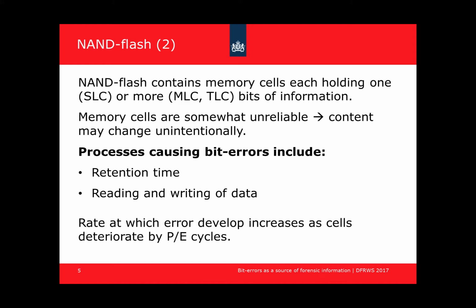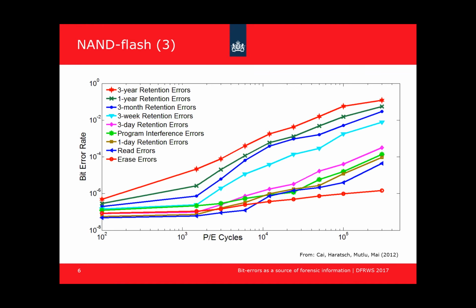It was also mentioned in the previous presentation that the rate at which errors develop also depends on the quality of the NAND flash. If it's repeatedly erased and programmed, then the cells deteriorate, which makes them lose their charge more quickly. This is one of the pictures from the literature. This is a graph.